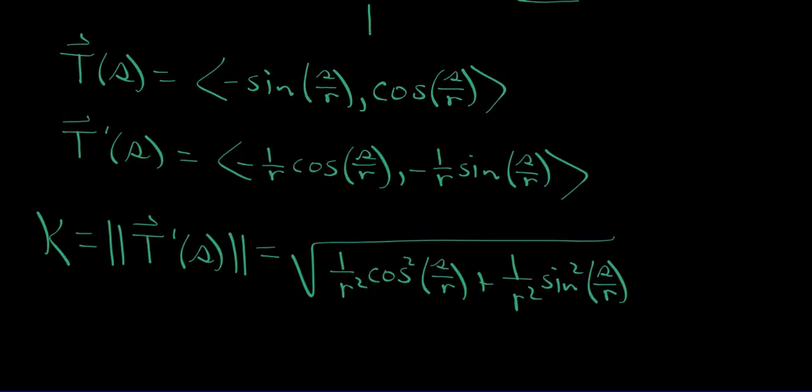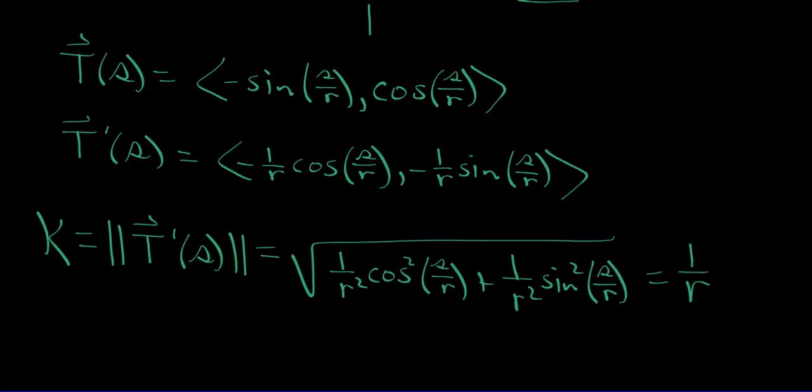If I factor out the 1 over R squared, I just get 1 over R. Okay, y'all see that? Any questions about that? Look at this. We're saying the curvature of a circle with radius R is 1 over R. Y'all dig that? I use this example because it helps you understand what we mean by curvature.